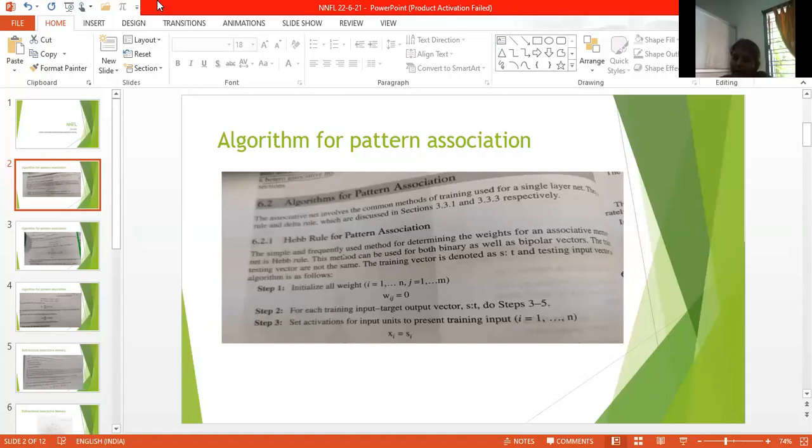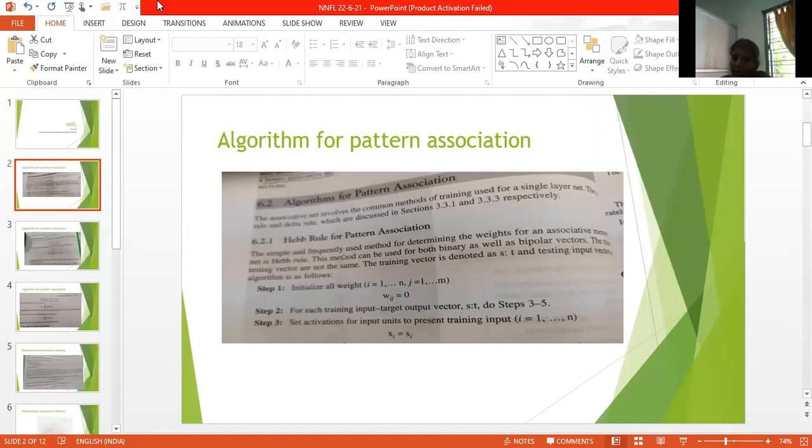If the input vector pair is different from the output vector pair, then it is a hetero-associative net. The algorithms for this pattern association, usually we use delta rule and Hebb rule for the auto-associative networks. First let us discuss how to derive the Hebb rule for pattern association.